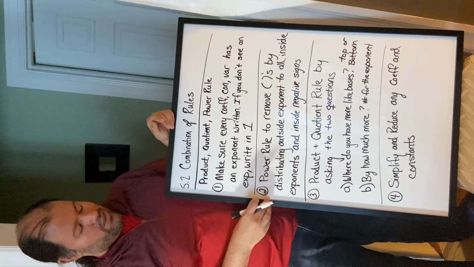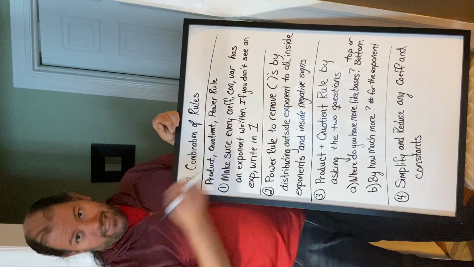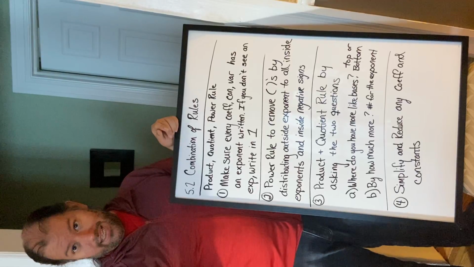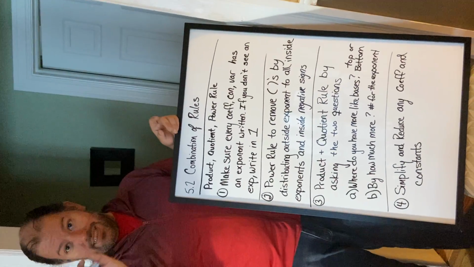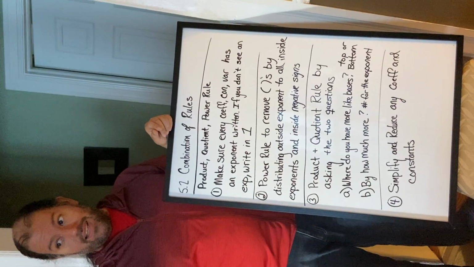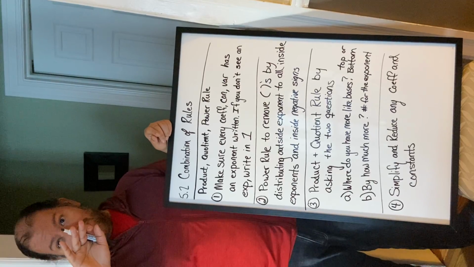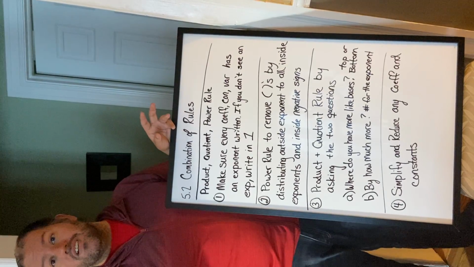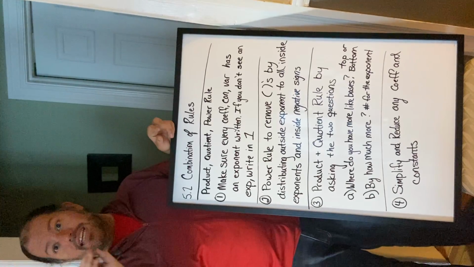We're also going to distribute that outside exponent to any negative signs inside. We showed you that in our first video: if you have a negative inside the parentheses, make sure the outside exponent is distributed to it. Remember, if it's an even exponent, the negative is going to disappear, and if it's an odd exponent, the negative is going to stay.